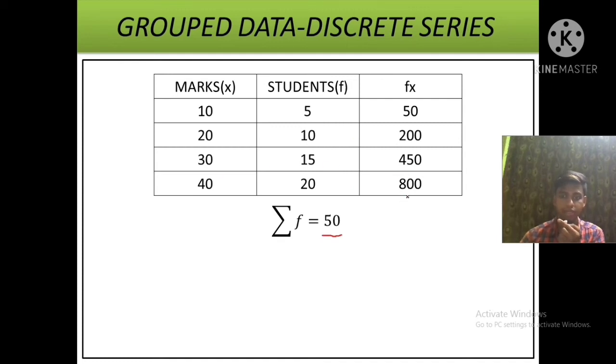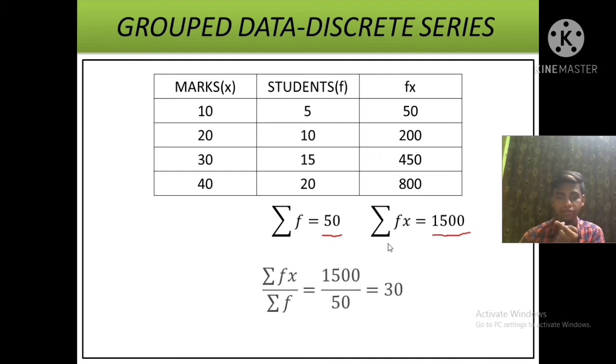Summation of fx is 1500. Now I input the values in our formula: 1500 divided by 50, and our answer is 30. So this is the arithmetic mean of grouped data discrete series.